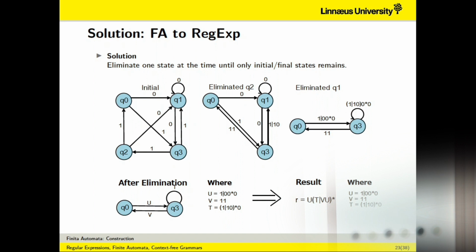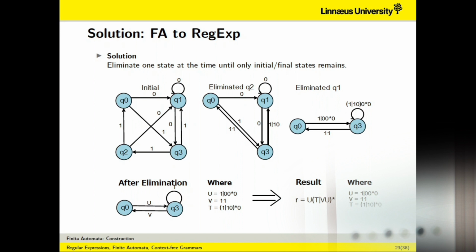Okay, so if I start from Q0, I will always have to start with the 0, and then this 0 can come many number of times, so I will put a star on this 0, and after that I can take this 0 to lead to the Q3, so I put this 0 in the end.